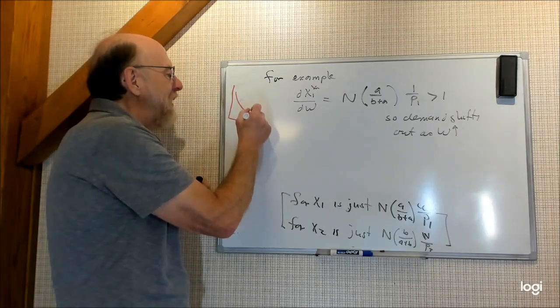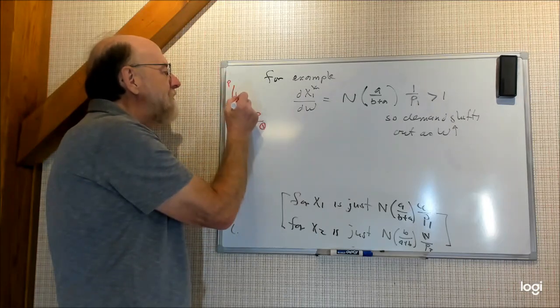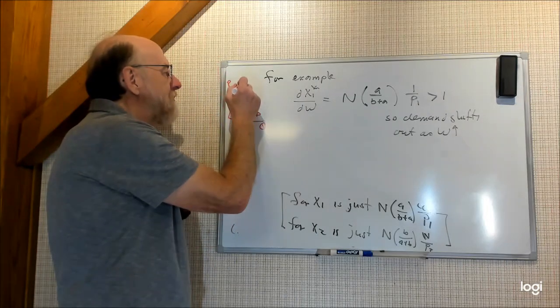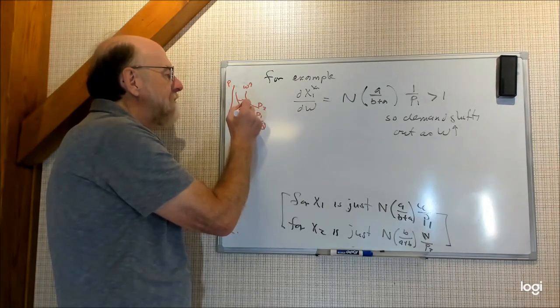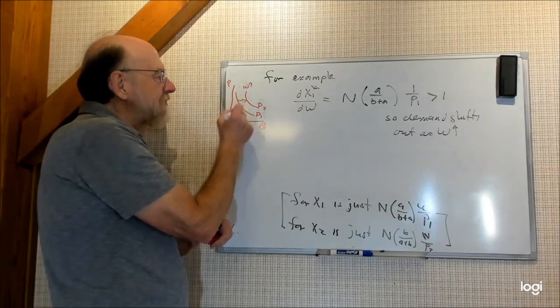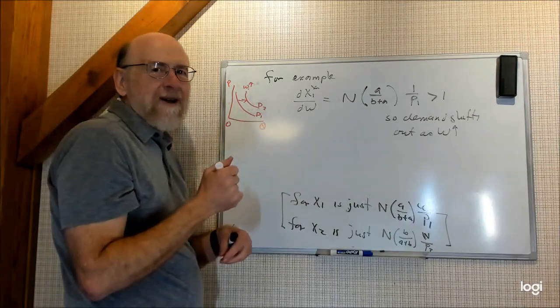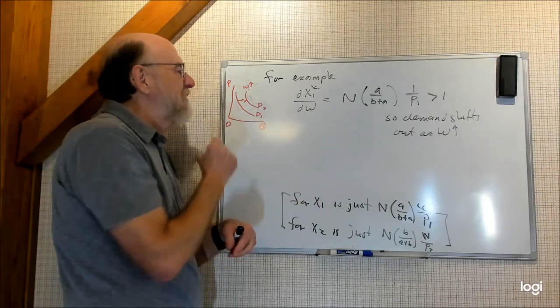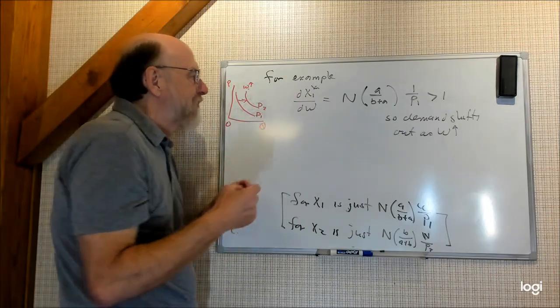Right, so if this is the demand curve, this is Q and this is P. We're getting an increase in quantity generated for every point on the demand curve by a change in wealth.